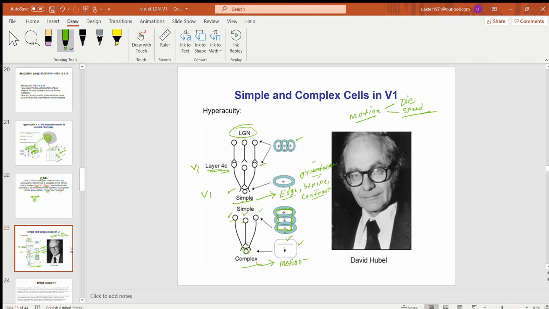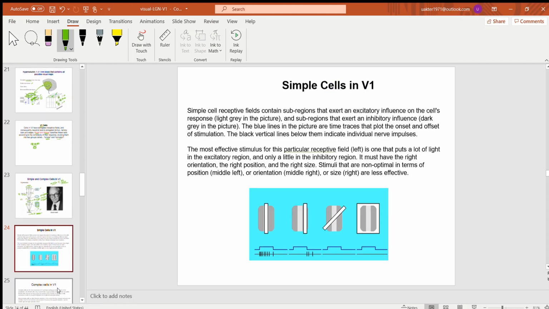And here you see how a simple cell helps to detect the orientation more precisely. This is the receptive field of a simple cell, okay? And you see the middle portion shown by gray or white. This is the on, and the outer part is off. Okay, so this is the off, and this part is the on part.